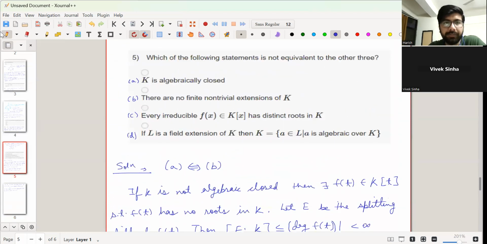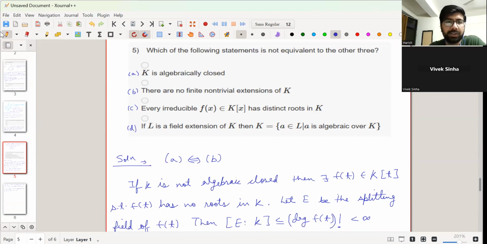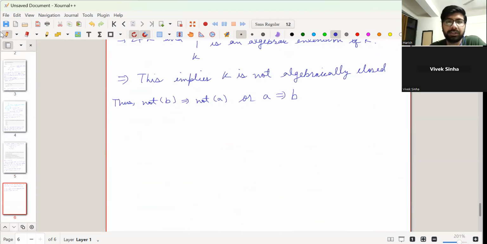Now C, every irreducible f(x) belonging to K[x] has distinct roots in K. So distinct roots are not guaranteed.